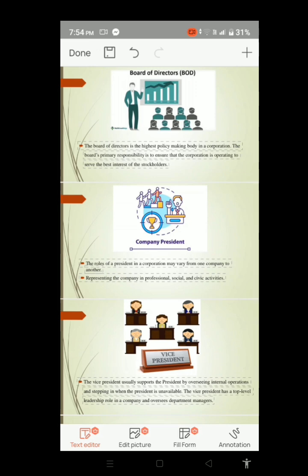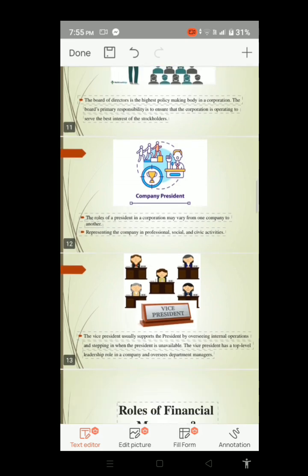Vice President. The Vice President usually supports the President by overseeing internal operations and staffing, and when the President is unavailable, the Vice President has a top-level leadership role in the company and oversees department managers.